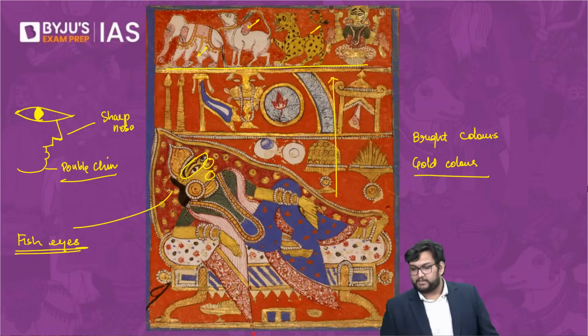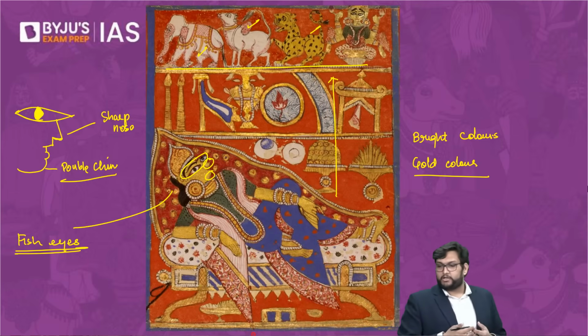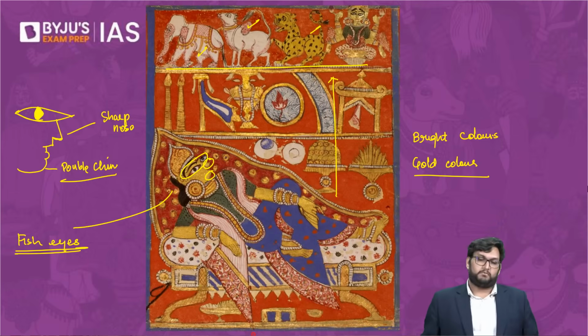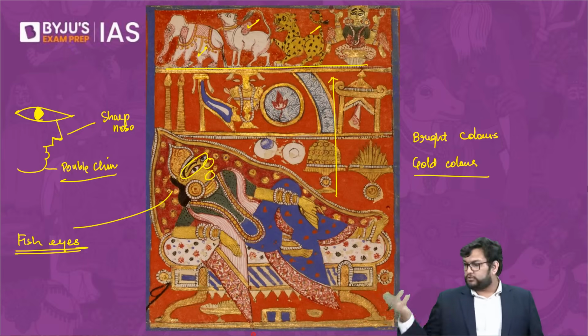But I cannot understand why they cannot draw normal human eyes. What's the issue? Again, painter aesthetic choice. They did not want to make it that way. They found it boring.